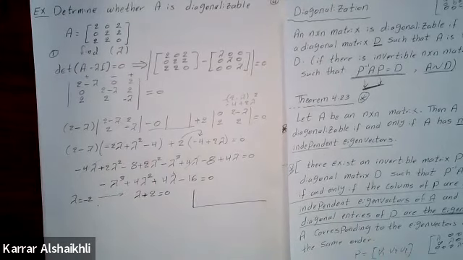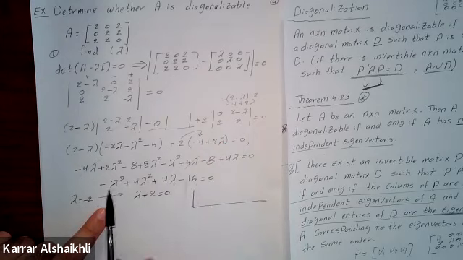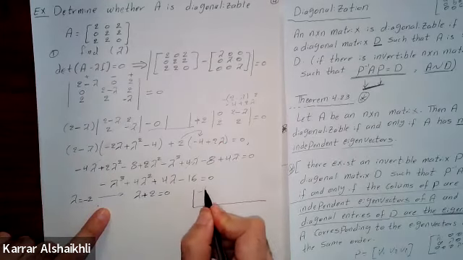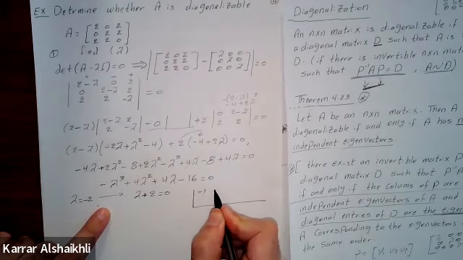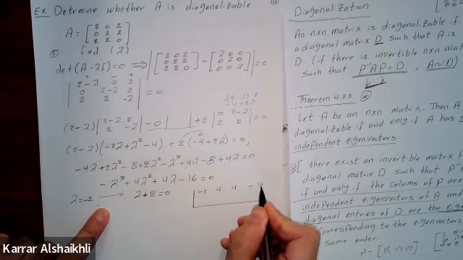Check what I'm going to do. Do you have a missing term? Cubic, squared, 1, 0. There is no missing term. I'm going to write down the coefficients here, which are -1, 4, 4, -16. Okay?